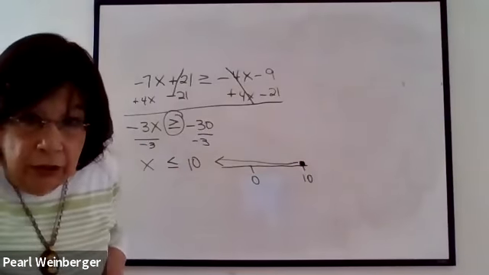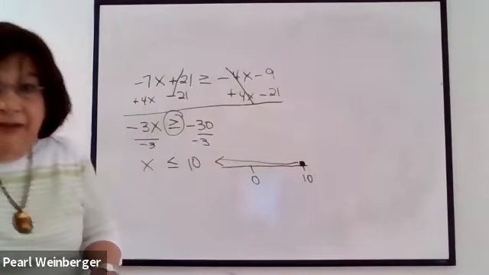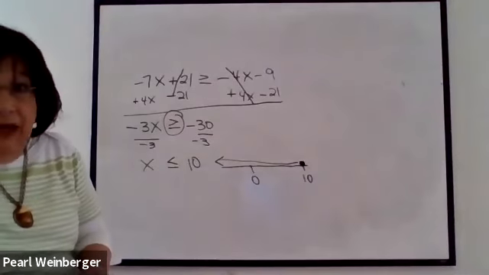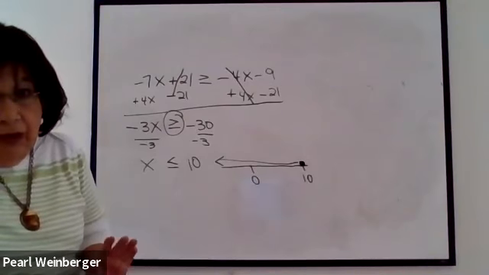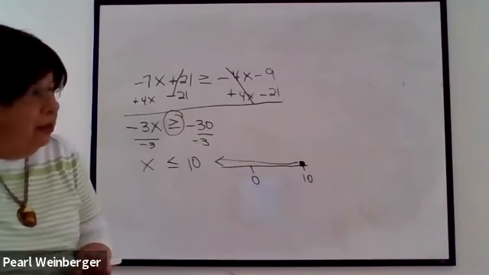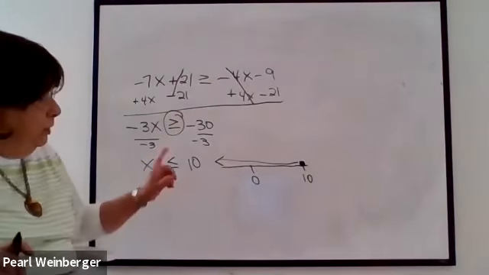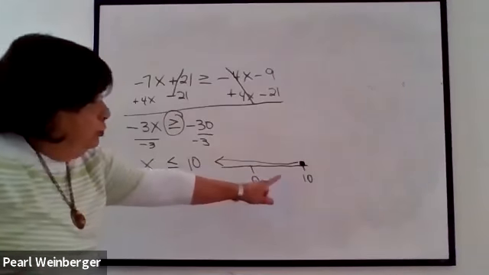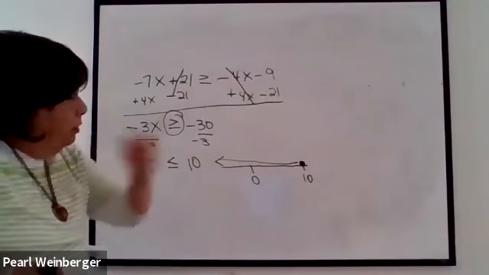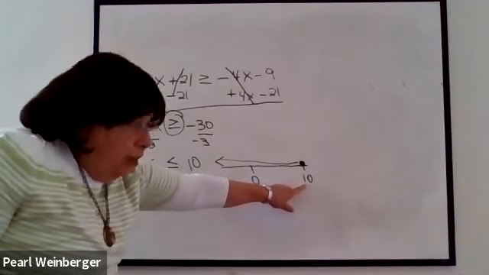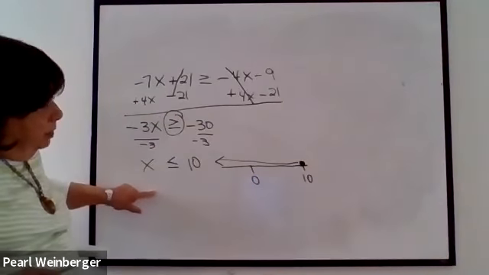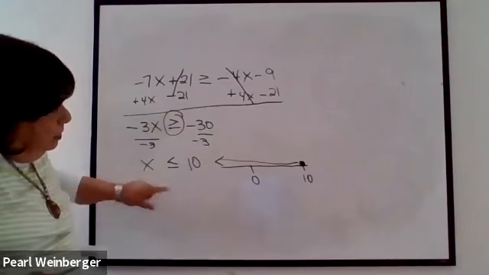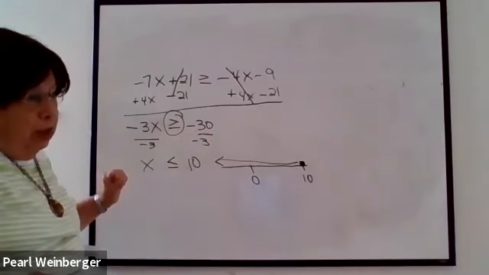If you were doing this on Delta Math, and you're trying to draw the number line on Delta Math, let me just mention, what you do is you take your cursor and put it on the 10, and then drag it in the direction you want to go. In this case, you'd have to drag it to the left, and you'll see it'll draw a line.